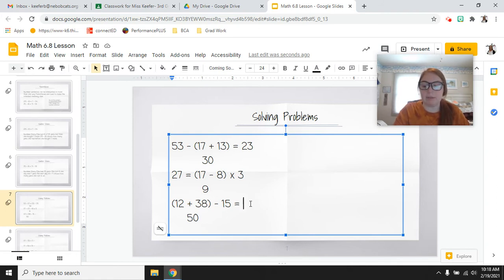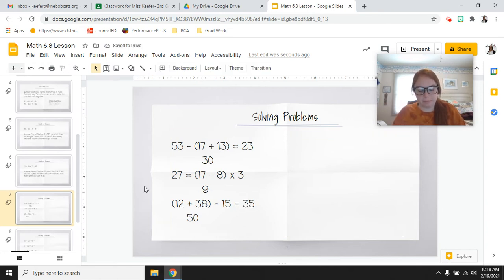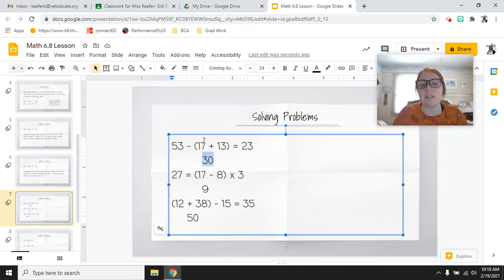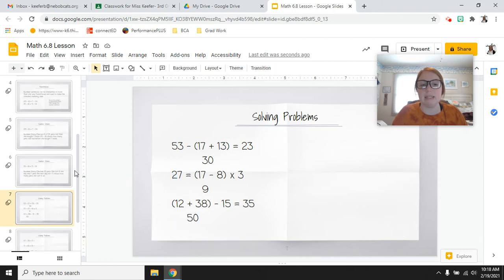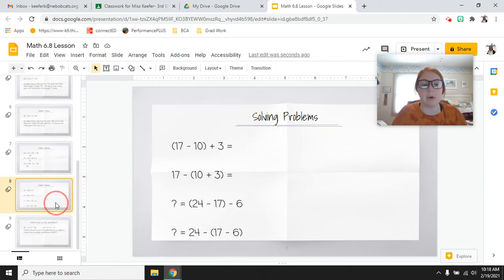So 50 minus 15 would equal 35. All right, so there you can see I have the number that replaces the parentheses. And then you just follow through with the other problems. And like I said, just because this answer is over here on the side doesn't make it any different. You just keep solving it the same way.